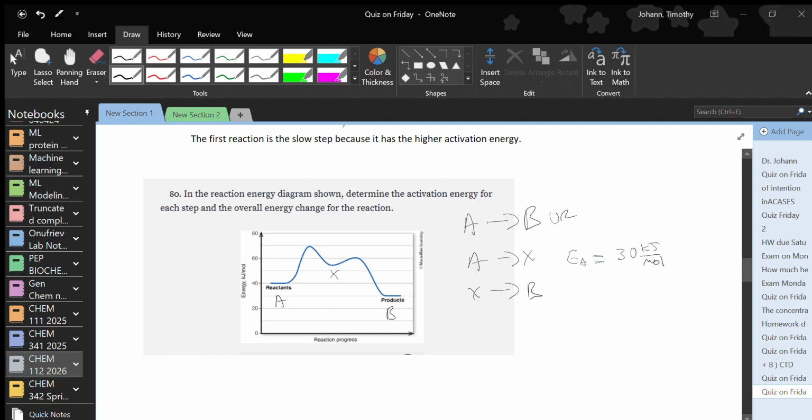And then the next one, the activation energy of X going to B. What's the activation energy? It looks like it's about 5 kilojoules per mole, right? We're going from about 55 to about 60. Activation energies will always be positive. So 5 kilojoules per mole.